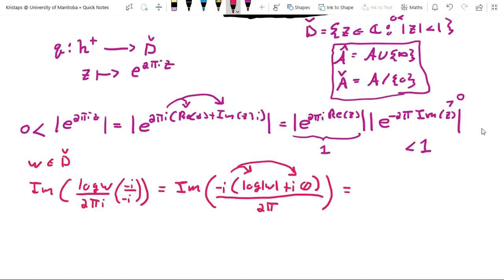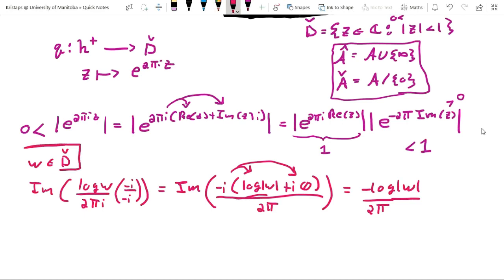So that will be killed by taking the imaginary part. So what we're left with is, of course, this factor of 2 pi in the denominator, and then the only part that's imaginary is going to be this log of the norm of w, and of course the minus sign is coming along with it. So we have negative log norm w over 2 pi.